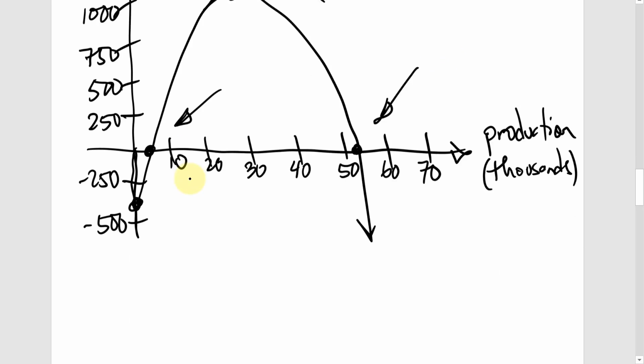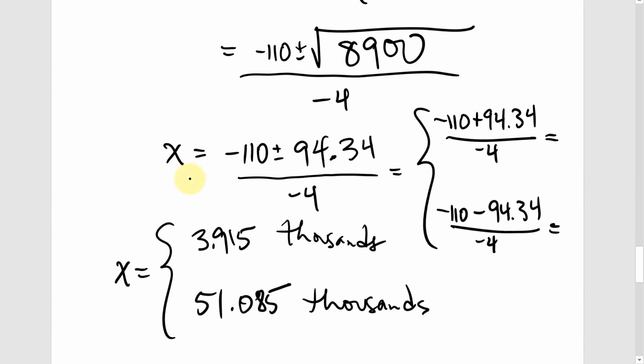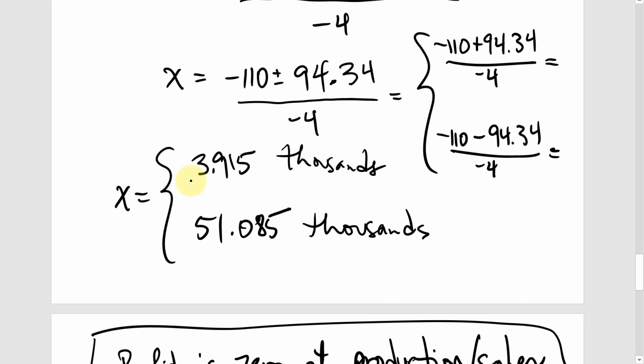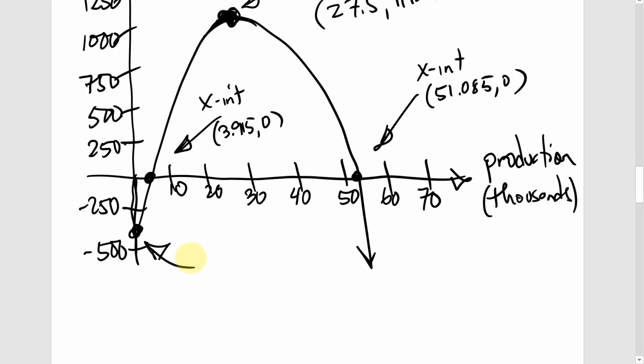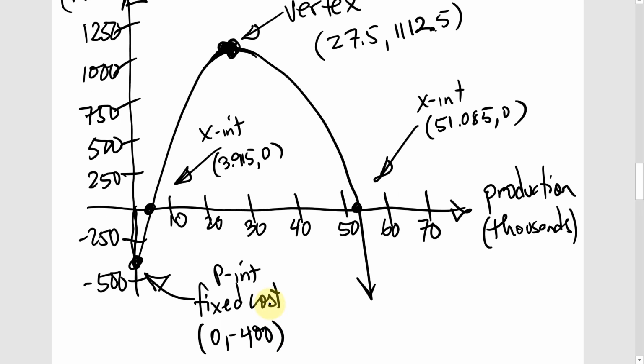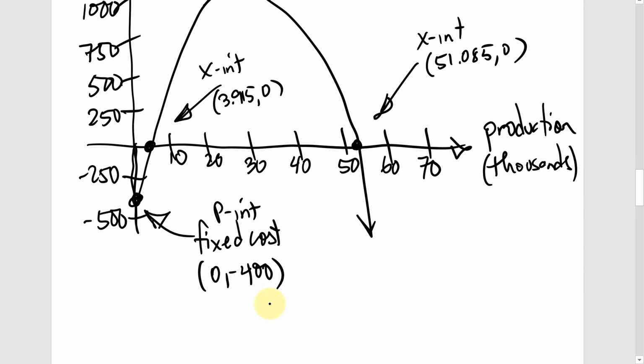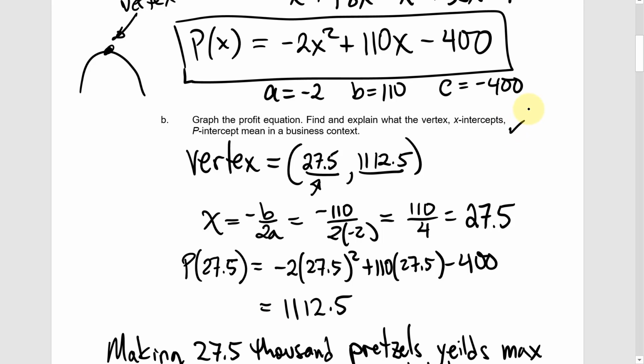Labeling the intercepts, they were at 3.9 and 51 roughly. This is a fixed cost. It's the P-intercept. And it was negative 400 when you plug in 0, negative 400 in 100s. So that was the $40,000 loss if there's no production. Okay, so I think that ends part B.